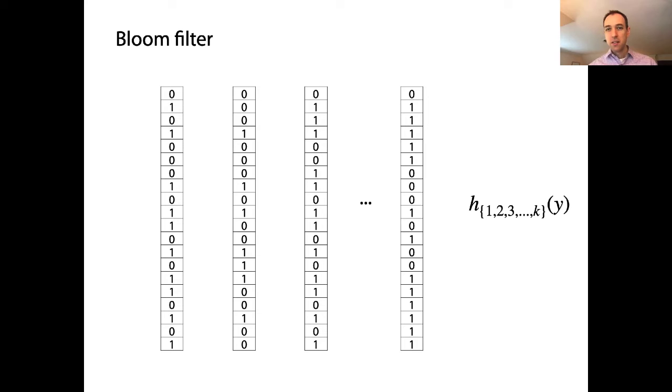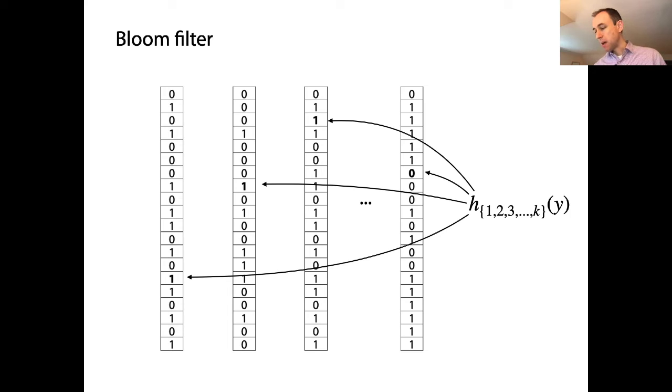Okay. So let's say I've used k hash functions to create this array of k Bloom filters, and now I would like to query this array or this collection of Bloom filters with item y. And let's just say that the hash functions 1, 2, 3, and k, for the filters that I'm actually showing on the slide, end up mapping y to these 4 positions that you see here.